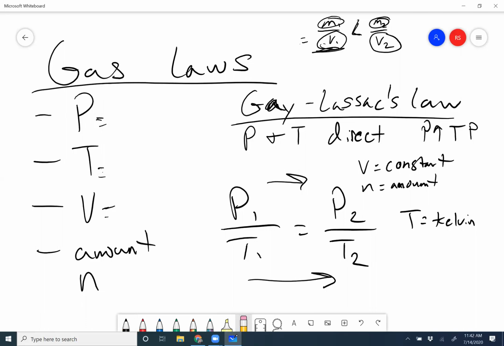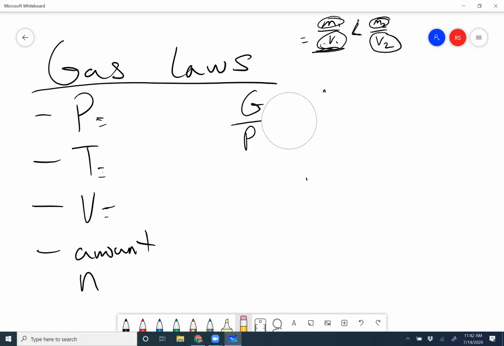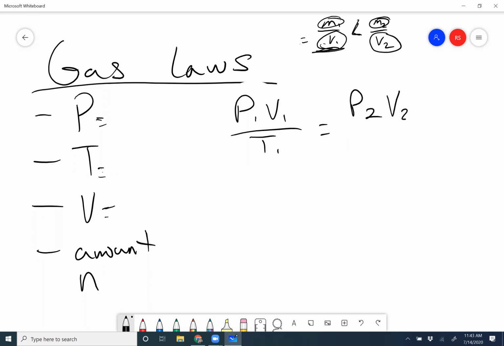So those are all breaking down the individual relationships between pressure, temperature, and volume. But in a real world system, like I said, with a hot air balloon, what's happening is not just two things changing. All three of these things are changing at once. So we get what's called the combined gas law, where we put all of these laws together.